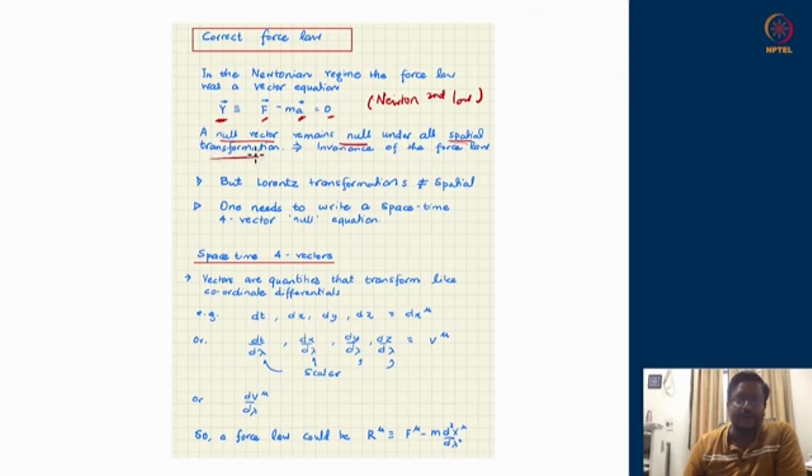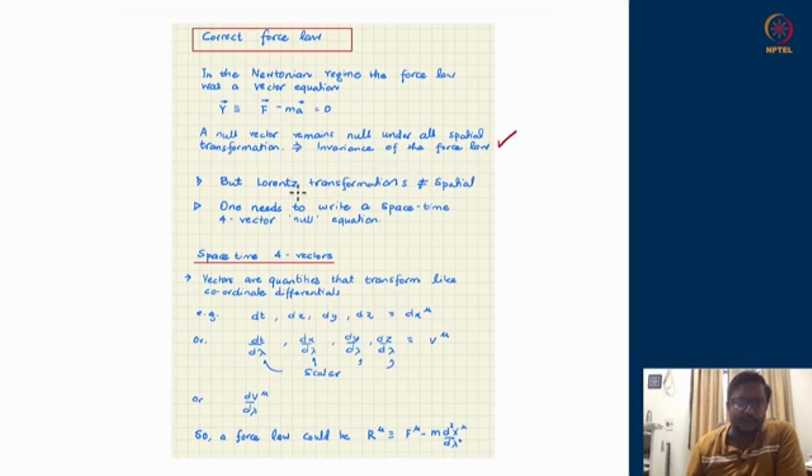Therefore, under Galilean transformation, what we were doing was just changing the spatial coordinate labeling, a new axis, which was obtainable from a spatial transformation. But no spatial transformation can make a null vector non-null. So in Newton's frame under Galilean transformation, this force law was respected because it was a vector equation: some vector being equal to 0. Therefore, it was respected across all spatial transformations.